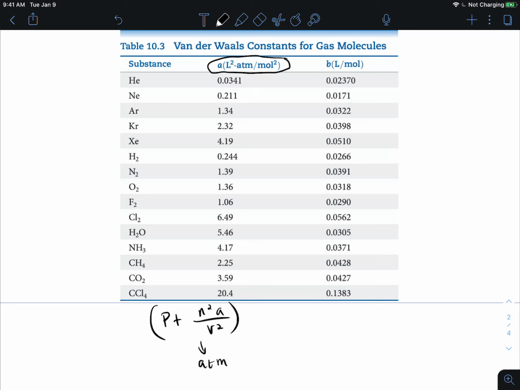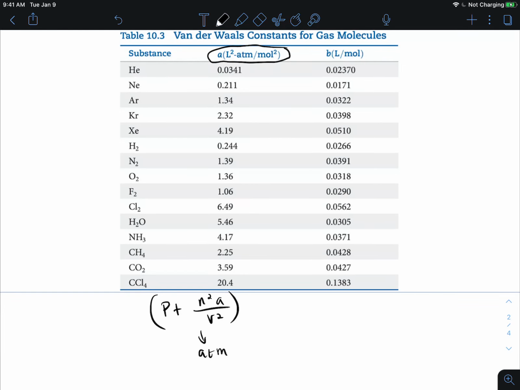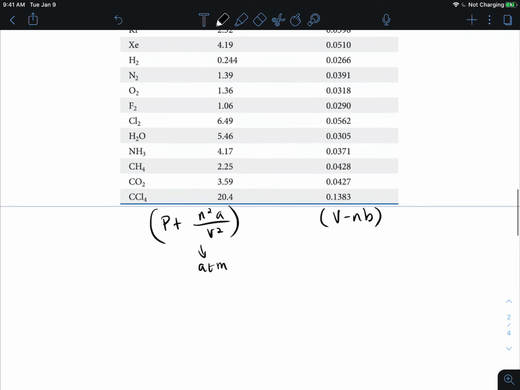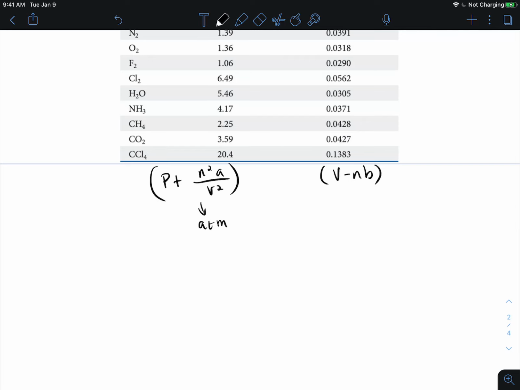So we want our moles squared to cancel out, and we want our liters squared to cancel out. And when we're using our b term, we want to be left with just liters. Since we're multiplying it by moles, we need to cancel out those moles. So you have some really weird units with a and b terms, but they're just there in order to cancel out units.